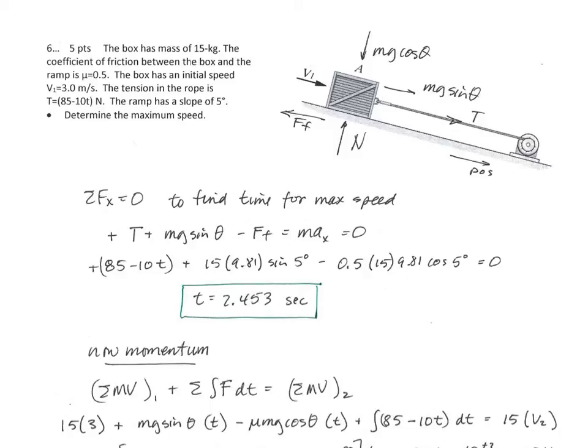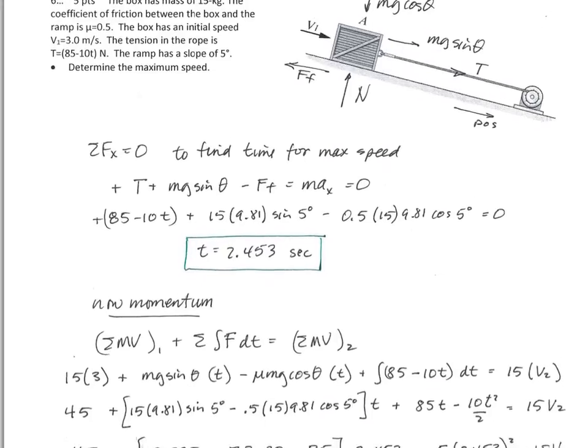So if we set the total forces here equal to mass times acceleration, where acceleration is equal to 0, that's where we can find the time for the maximum speed. Plug that tension in there. It's got an mg sine theta going down here. It's got a force of friction pulling it up the hill, and I can find that time.